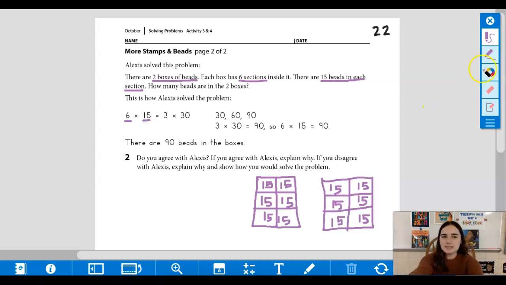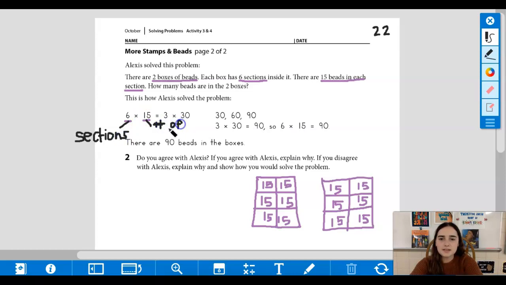I'll give you a hint. This 6 here represents the number of sections that she thought there were. And the 15 is the number of beads in each section.